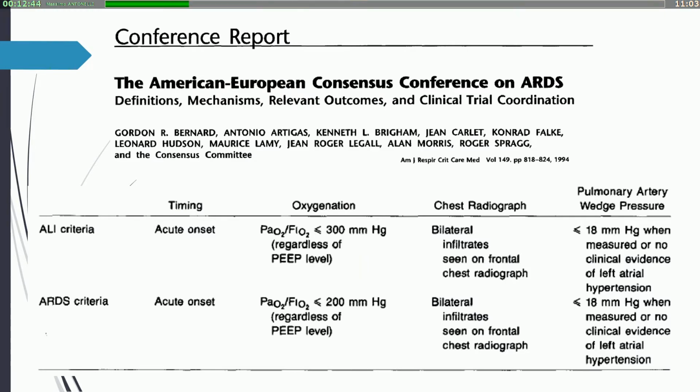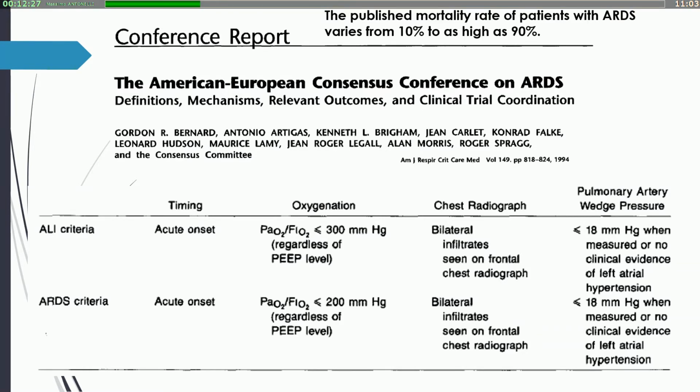This is the American-European Consensus Conference in 1994, when the different levels of PaO2/FiO2 allowed the identification of different severity. This in part has been maintained in the new definition.